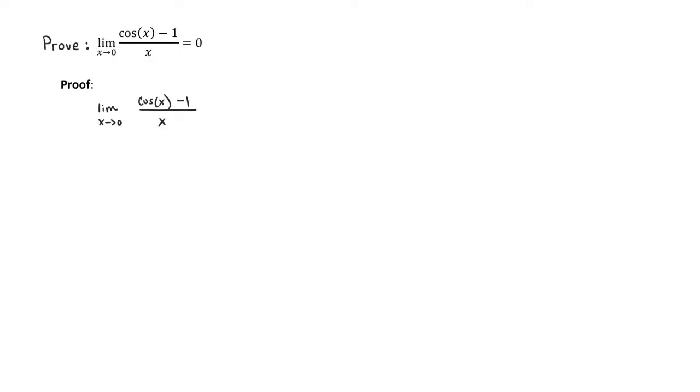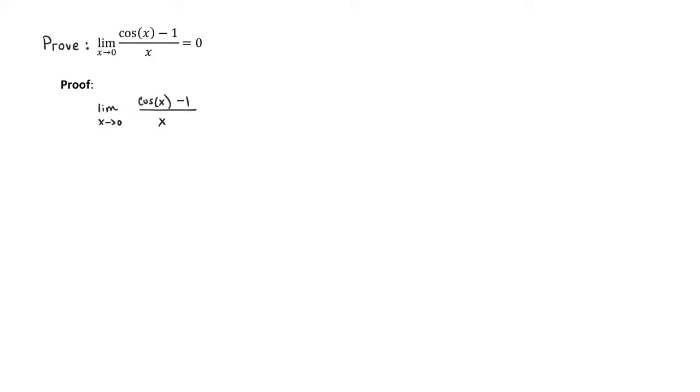Something is screaming here for a particular action. What is that action? Let's have a few seconds. What would you do? I am hoping that you're thinking multiplying top and bottom by the conjugate of the numerator.